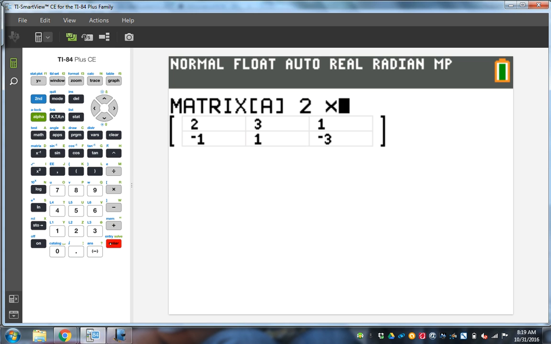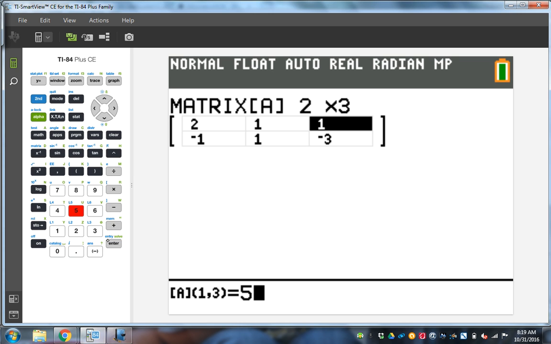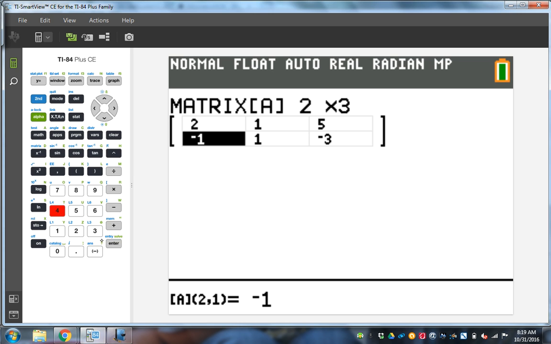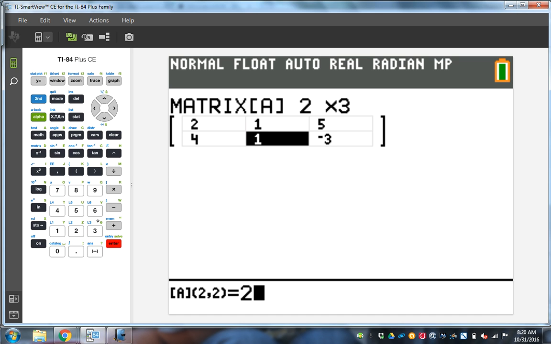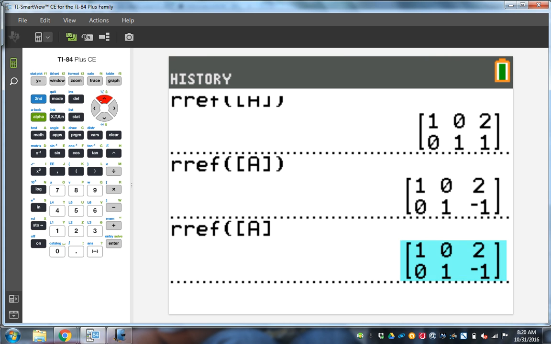I'm just going to use that 2 by 3 that I've already got in there. 2, 1, 5, 4, 2, 8. And then I'm using RREF again.